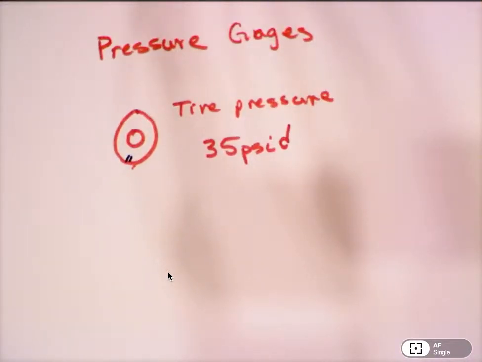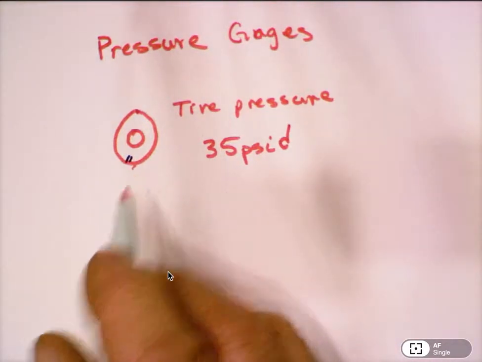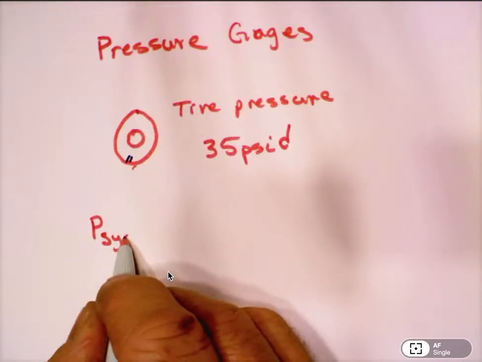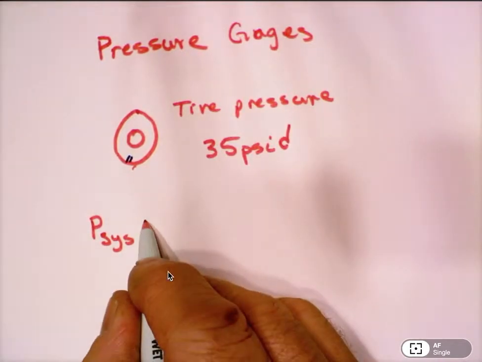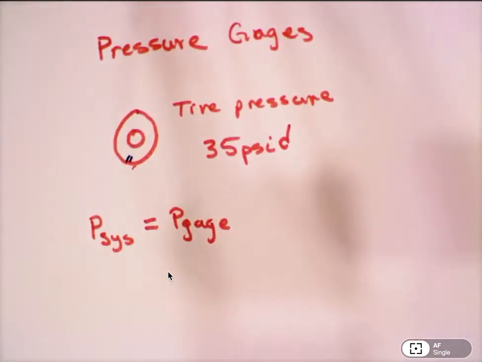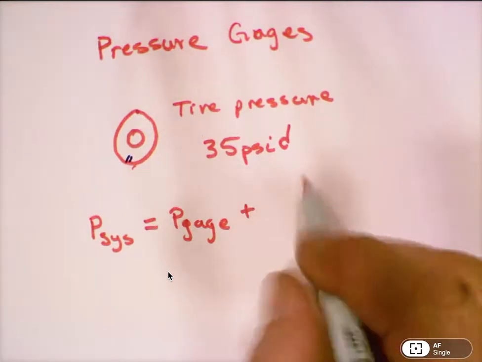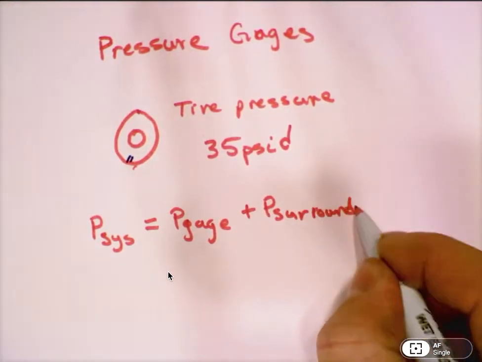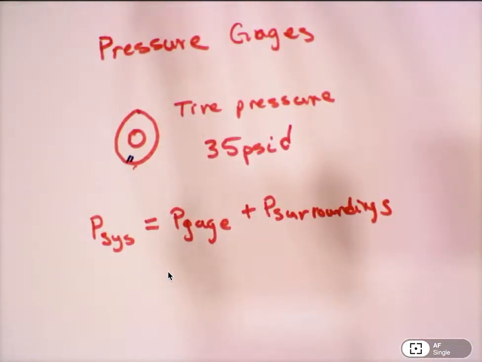So my question then is, what is the absolute pressure in your tire? Well, the pressure in your tire, we call that the system, is equal to the pressure that your gauge reads, and our gauge reads 35, plus the pressure of your surroundings. What is surrounding your tire?